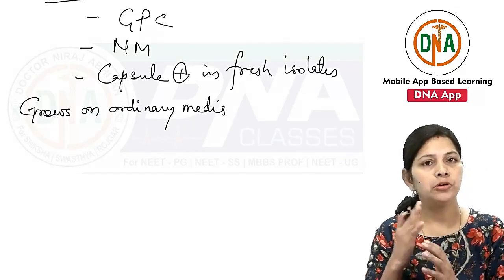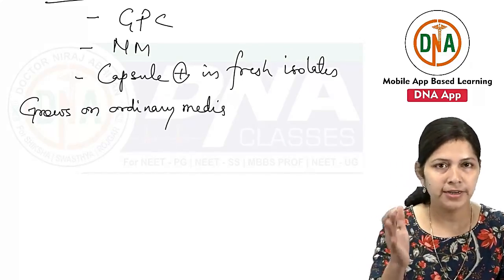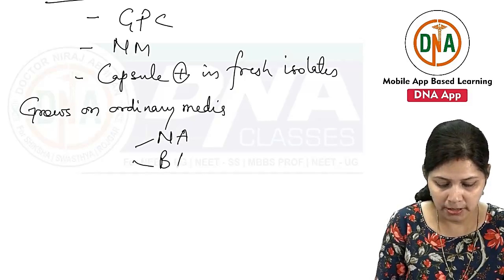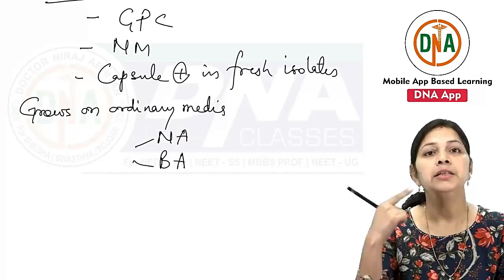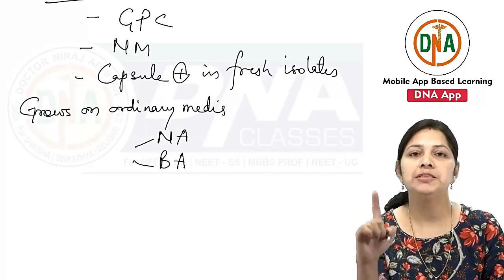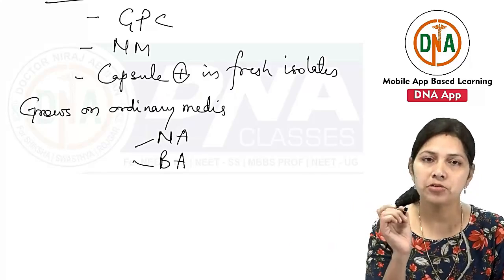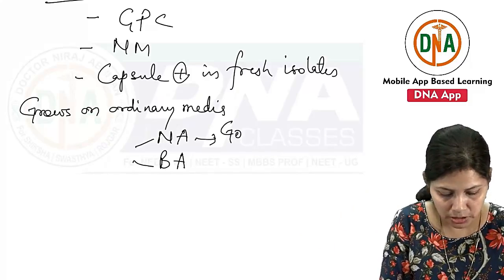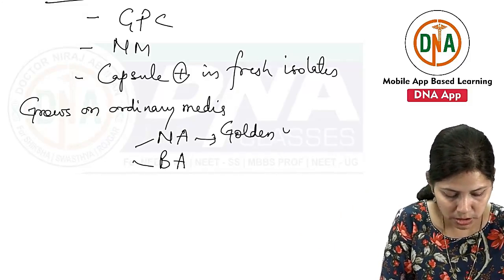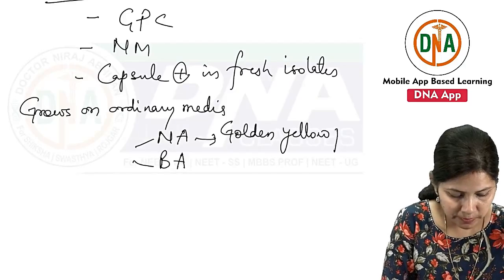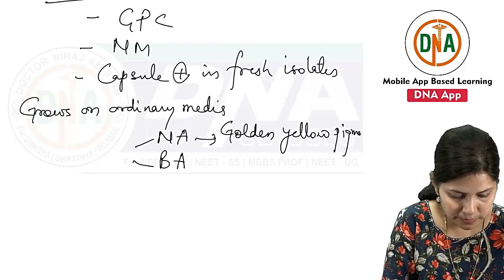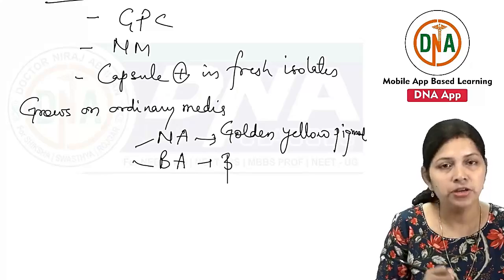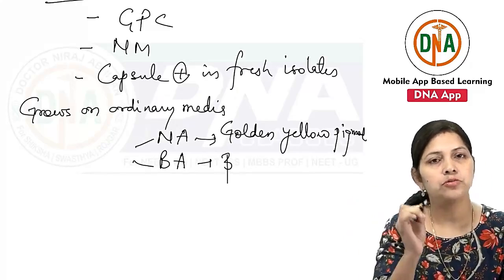So it grows on all the ordinary media what we use in lab, right from the nutrient agar to blood agar. Okay, and in the last class we have revised that on nutrient agar, Staphylococcus aureus produces classical golden yellow pigmented colonies. So golden yellow pigment, and on blood agar the colonies are beta hemolytic or showing complete hemolysis around the colonies.